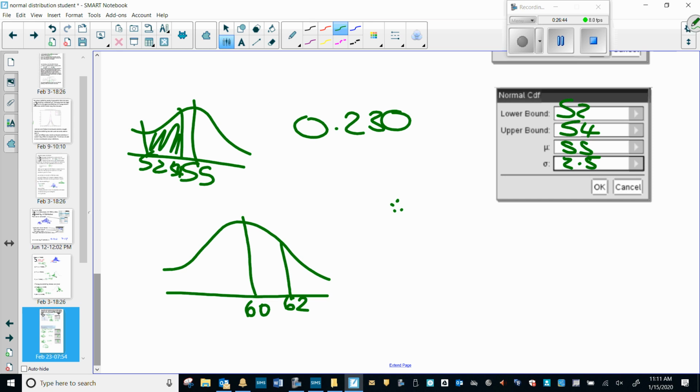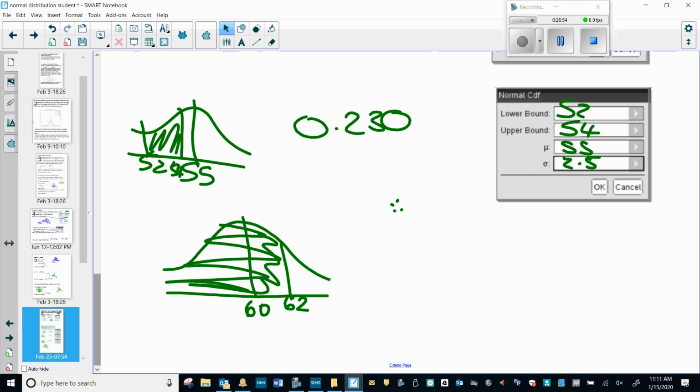So we find this probability here. What about if I was asked about 58? Maybe if I wanted to know this, less than 58.